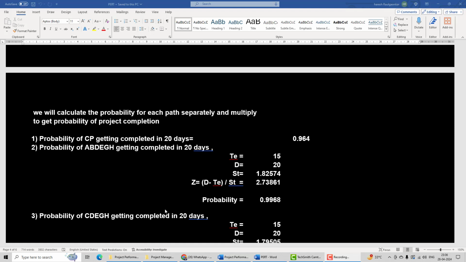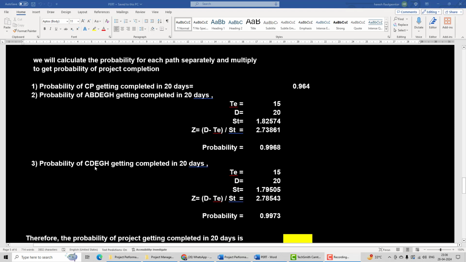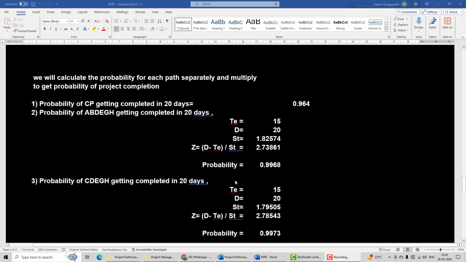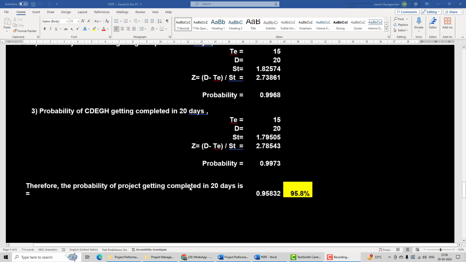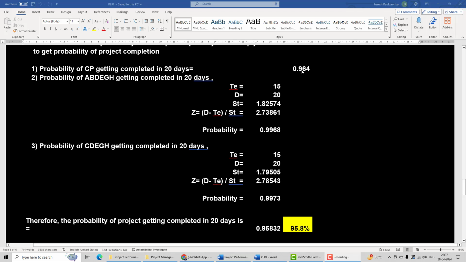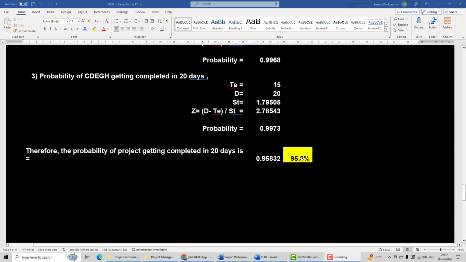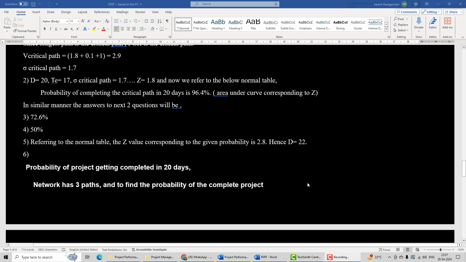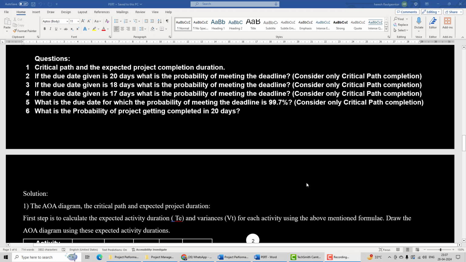Then find the D value and get the probability. For C, D, E, G, H, similarly you can do it and get the probability. And for all three paths to be finished in 20 days, you multiply the probabilities, and you will get 95.83. So this is how you complete the various sub questions under PERT.